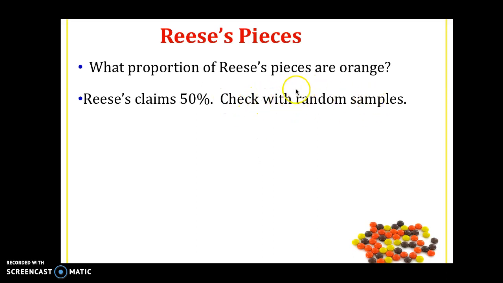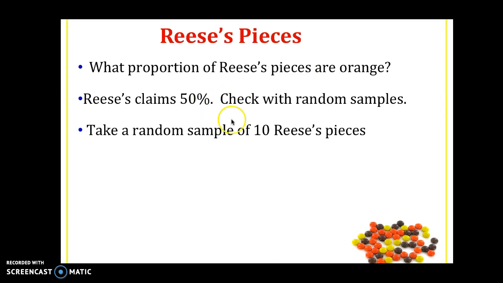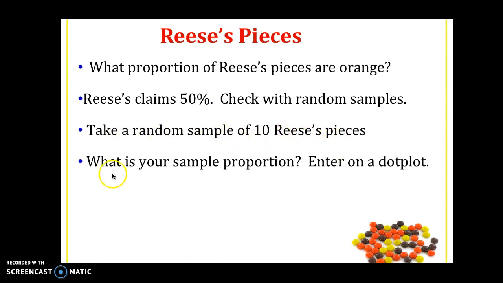One way we can check that is with random samples. So we get a big container full of Reese's Pieces, and take one random sample of 10 Reese's Pieces. Compute your sample proportion. If you get 5 out of 10, 50%, that'd be your p-hat. If you get 4 out of 10, your p-hat would be 0.4, and so on.